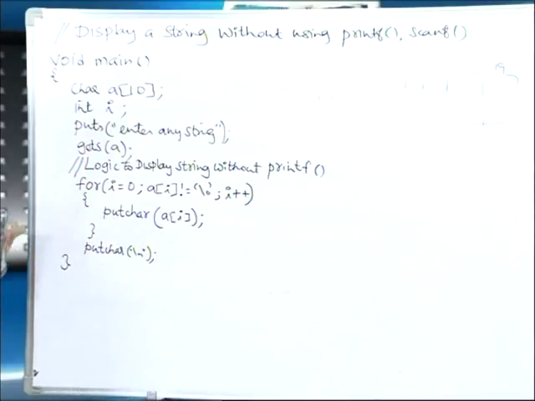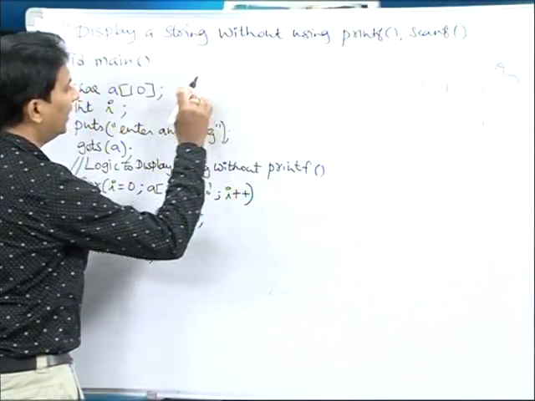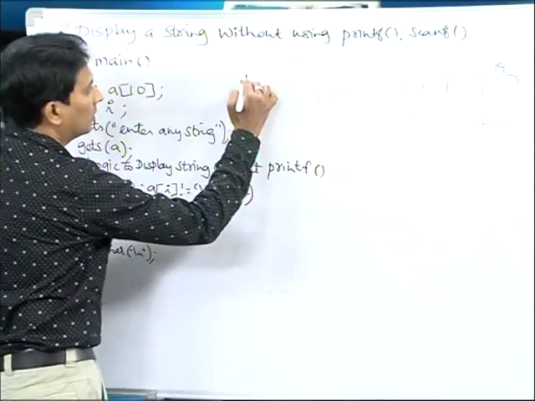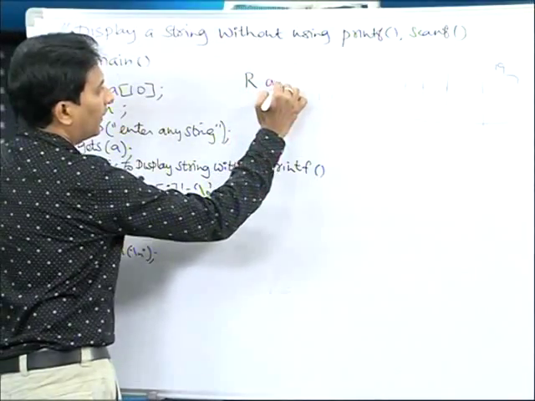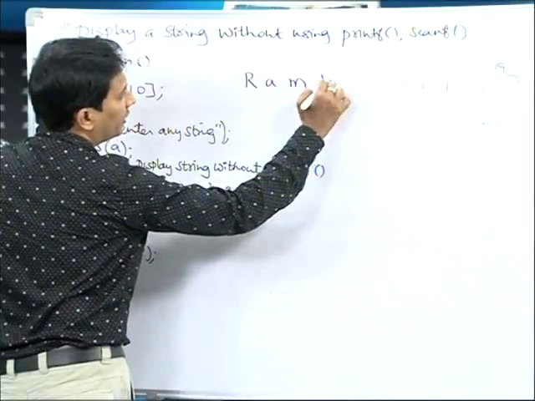First, we create one array. Just one array is created. For example, Ram. This is one string.